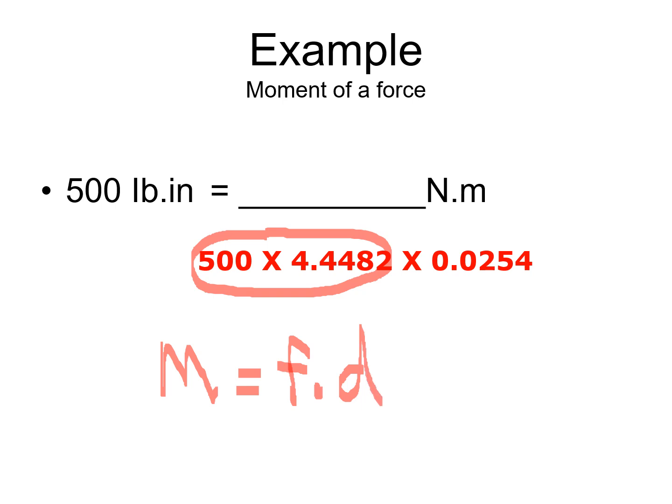So I'm going to convert this distance, which is 1 inch, into meter. So 1 inch is equal to 0.0254. So this is how you convert 500 pound inch to Newton meter. So I end up with this number, 56.49 Newton meter. Okay.